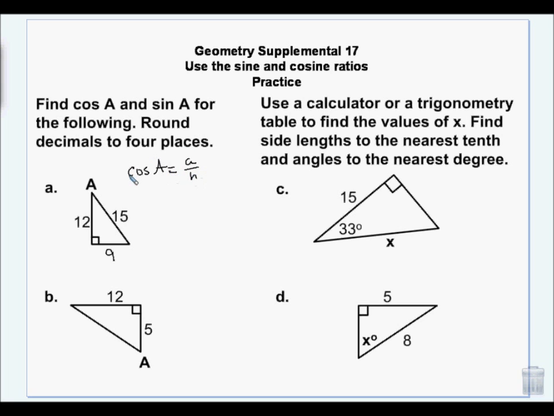So it's CAH, right? So adjacent is 12, hypotenuse is 15. So it's 12 over 15, which is 0.8. And the sine of A is opposite over hypotenuse. So it's 9 over 15. So it's 0.6.